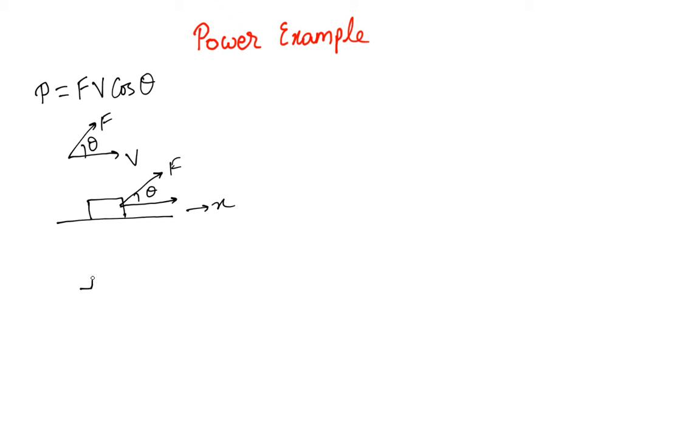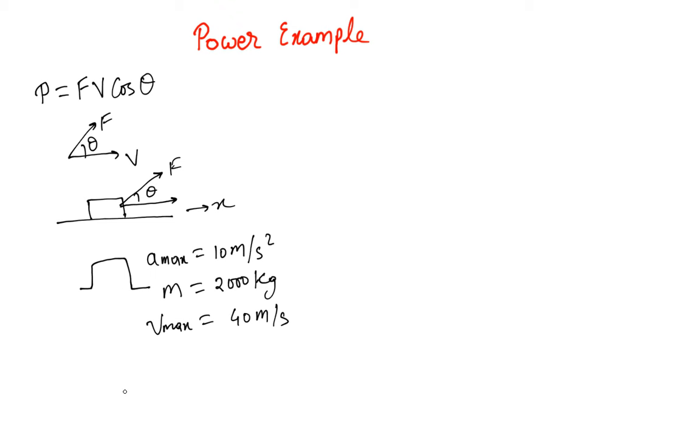First example: let's say you have a car, and the maximum acceleration this car can give is 10 meters per second squared. The mass of the car is 2000 kilograms, and the maximum velocity this car can reach is 40 meters per second.